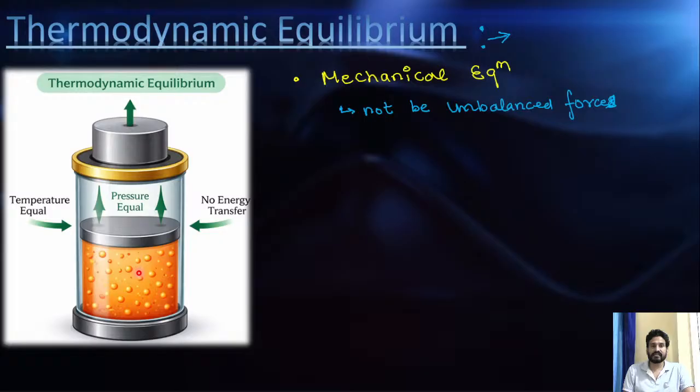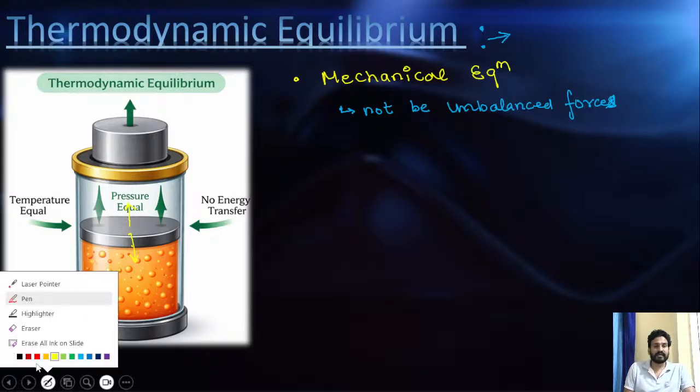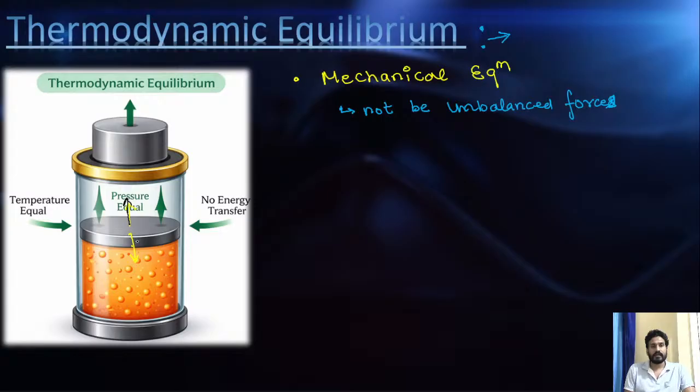This is my gas filled in this cylinder, this is my cylinder and this is my piston. At this piston, the upward forces and the downward forces are the same. If these forces are the same, then we can say they are balanced forces. So there is no tendency of this piston to move in any direction, up or down. In that case, we can say that the system is in mechanical equilibrium. I hope that you understood my point.